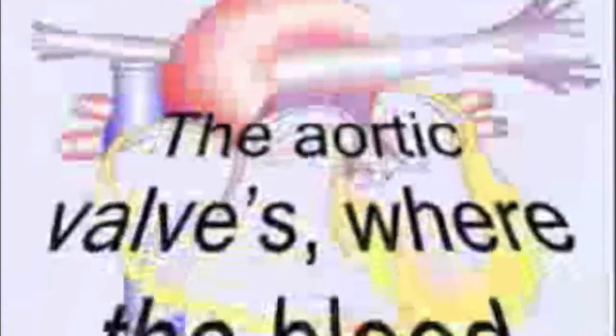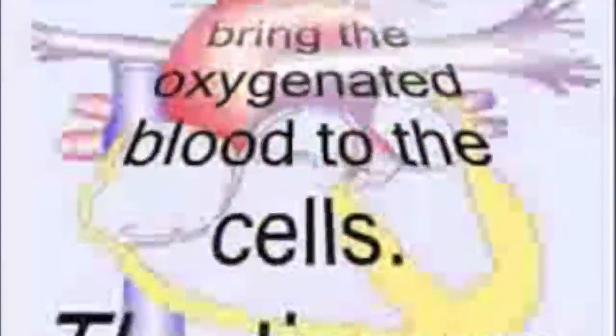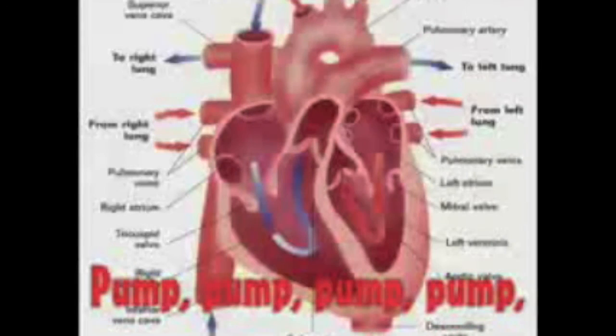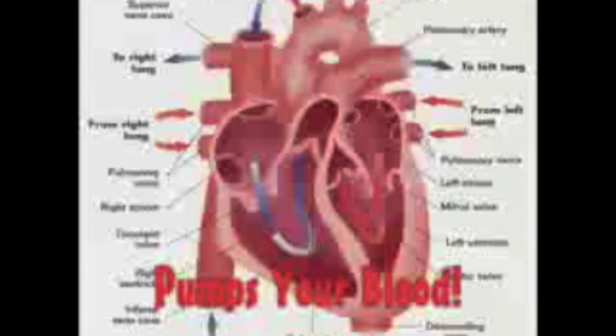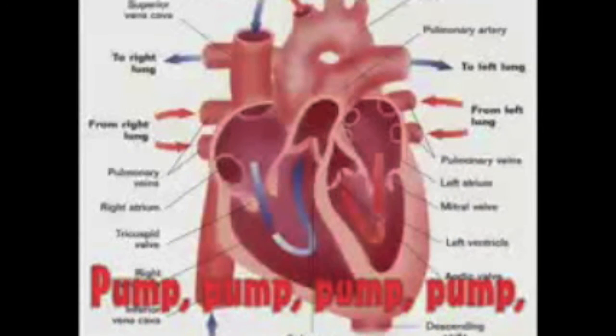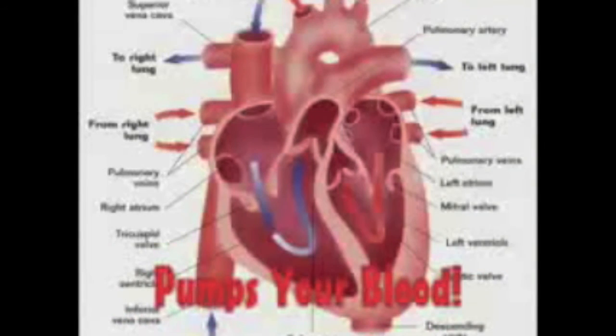The aortic valves where the blood leaves the heart and it's channeled to the rest of the body. The arteries, arterioles, and capillaries too bring the oxygenated blood to the cells. Tissues in the cells trade off waste and CO2, which is carried through the venules and the veins, through the large vena cava to the atrium and lungs, and we're back to where we started in the heart. Pump, pump, your blood.